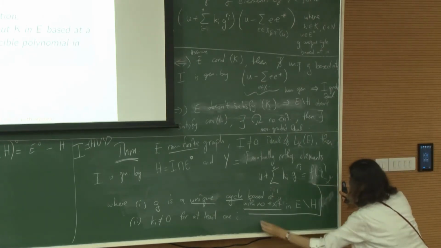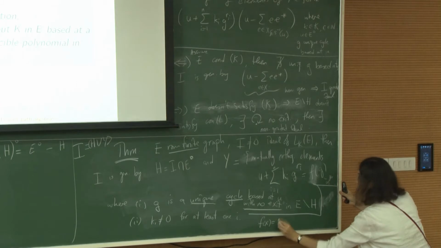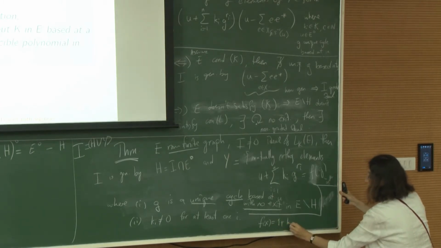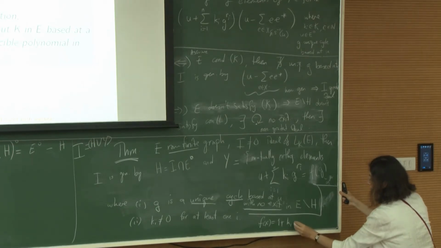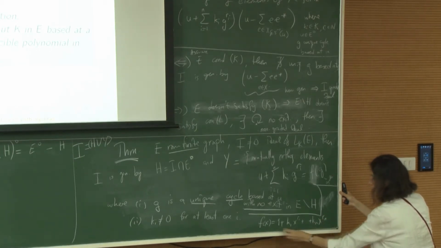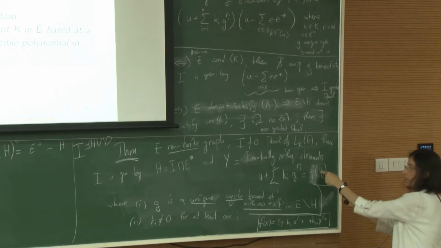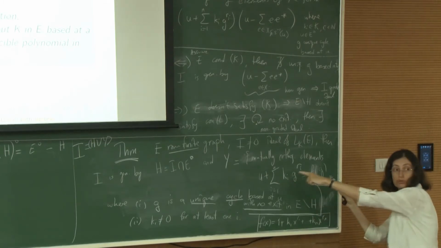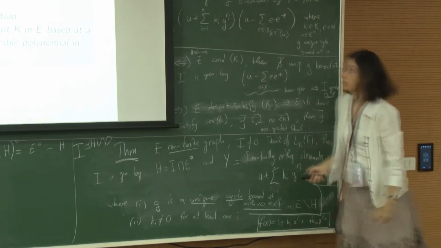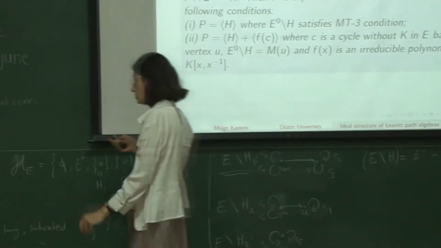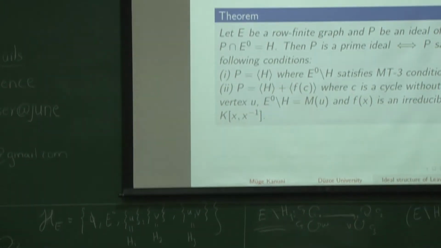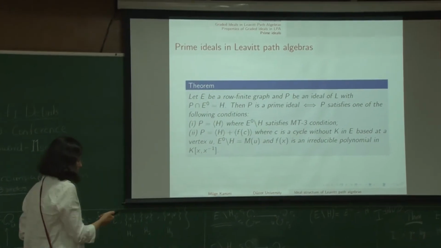F of x is 1 plus a1 x to the r1 plus, and so on, an x to the rn. And then you plug the cycle into this polynomial, and that's what you get. So however, this one is an irreducible polynomial.